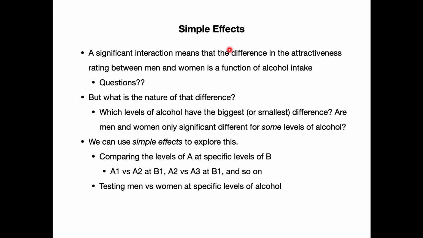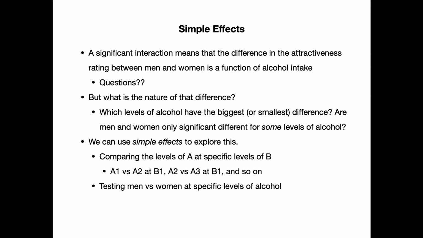The F-test doesn't tell you that. The F-test just tells you that there's a difference, so we have to decompose it into what are called simple effects to be able to explore what these differences are. So we're going to compare the levels of a given factor. We could say we compare the levels of A at specific levels of B. So A1 versus A2 at B1, A2 versus A3 at B1, and so on.